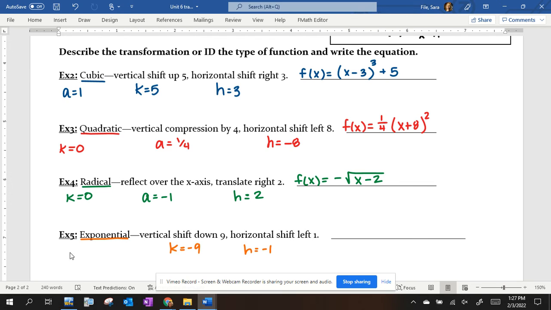No stretch or reflection, so A must be the understood 1. So for exponential, okay, that base, we don't know it. We'll just keep it as base B. So it's to the power of x minus h. Now, since h is negative again, that's going to become plus there. And then plus k, so plus negative 9, that's just minus 9.